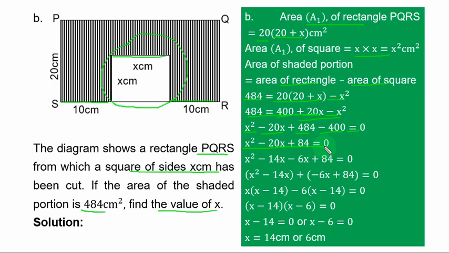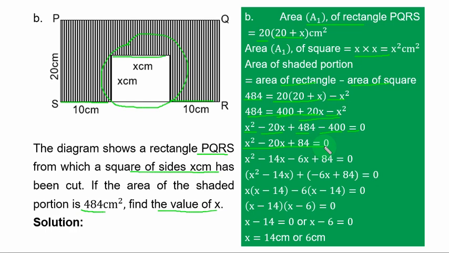We need to factorize. To factorize, you look for two factors of 84 whose sum is minus 20 in s. Since the coefficient of s squared is 1, you get two factors of the constant term 84 whose sum is the middle term minus 20s, and the product is 84.